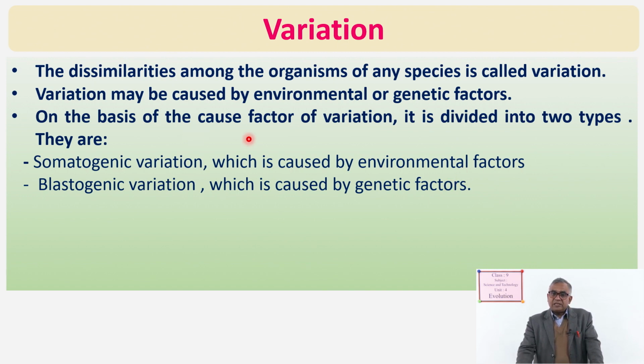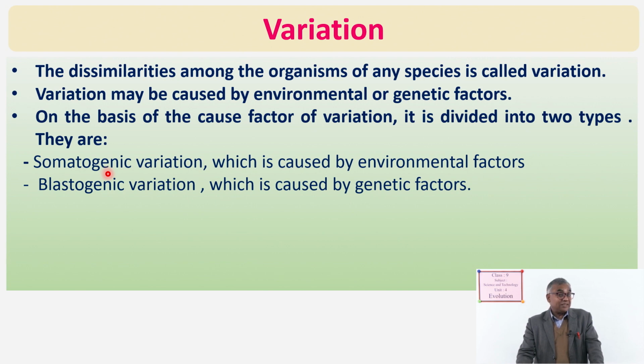Now on the basis of the cause of variation, variation is divided into two types. They are somatogenic variation and blastogenic variation. Here, they are closely related with the factors. That variation which is caused by environmental factors is called somatogenic.